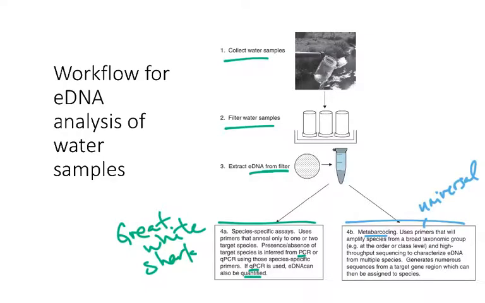So if you wanted to know not just the great white sharks, but all types of fish that were there, you could then use this metabarcoding approach, in which you would use universal primers and then that high throughput sequencing to get DNA from multiple types of species at once.